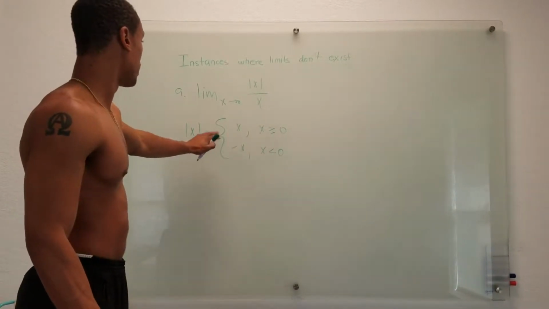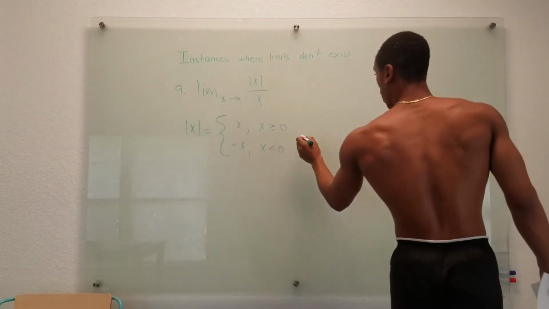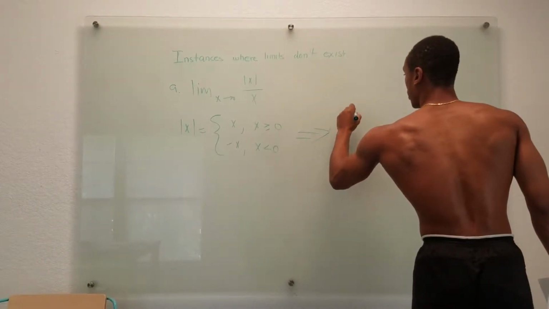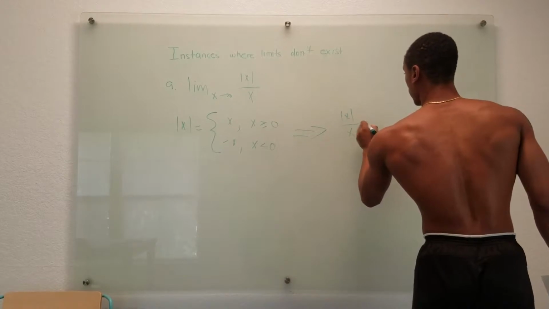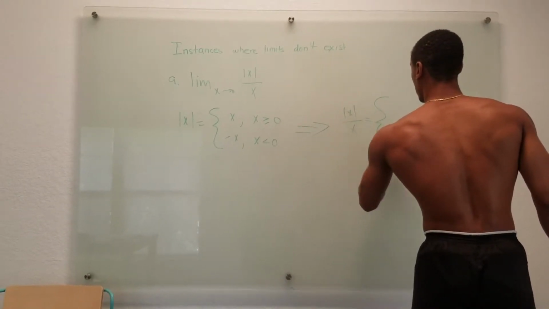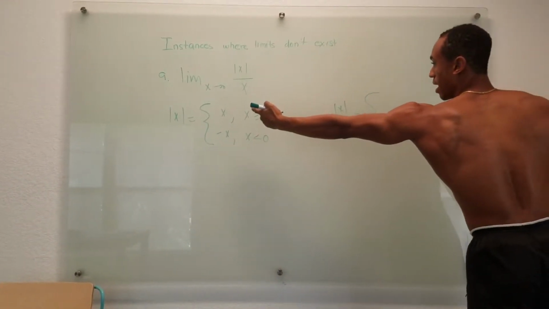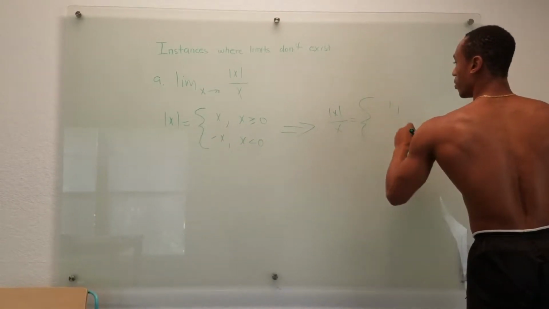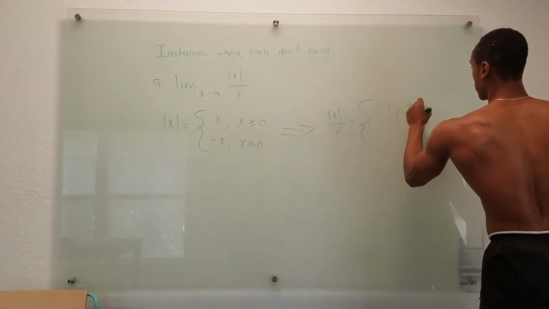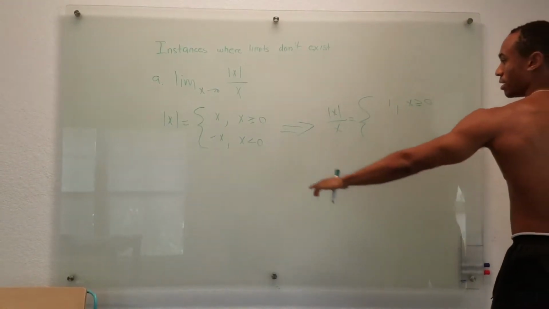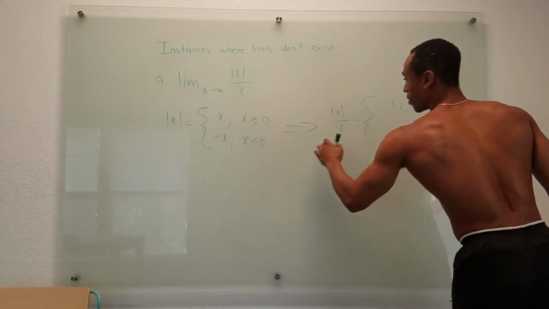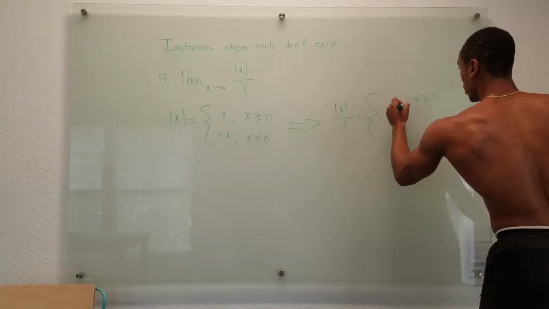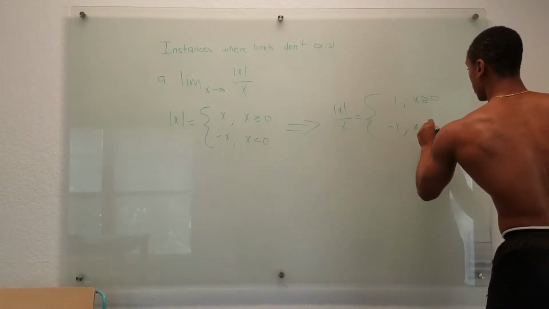If we have this, then the absolute value of x over x equals x over x, which is 1, when x is greater than or equal to 0, and negative x over x, which is negative 1, when x is less than 0.